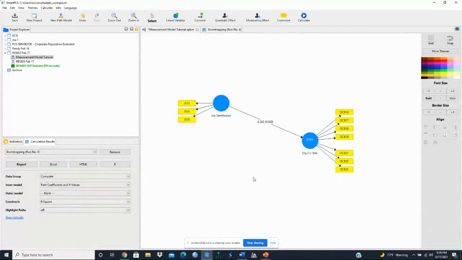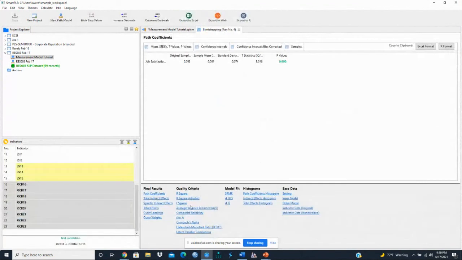I should have shown you when we had it open, but in your report you want to show the total effects model so you can see how everything was related when you looked at total effects. You want to show the path coefficients so you can see the net effect, and you want to show the specific indirect effects so you can actually see the mediation there. Those are the things we're interested in for the structural model.